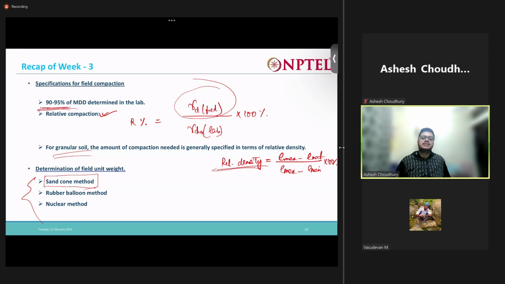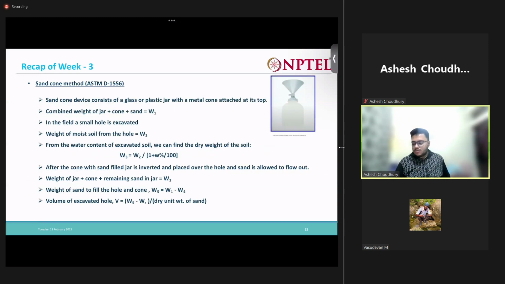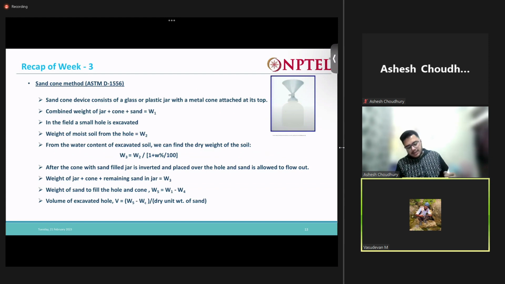The sand cone method is specified by American standards, and a similar method known as the sand replacement method has been specified in our Indian standards. So what is the sand cone method?